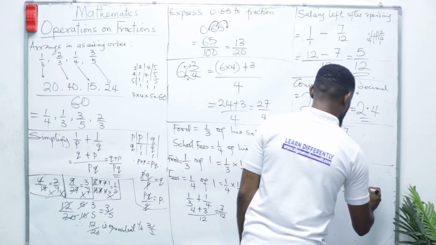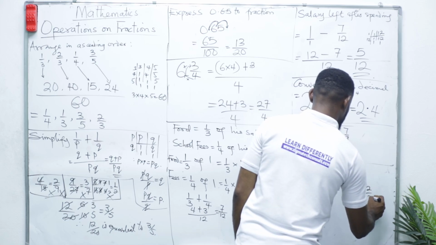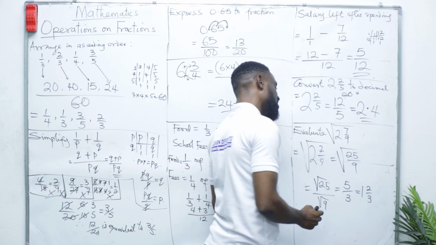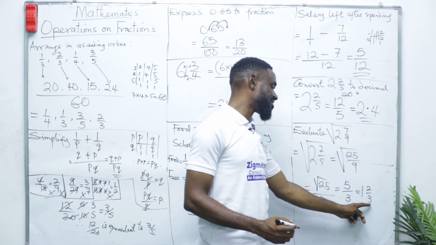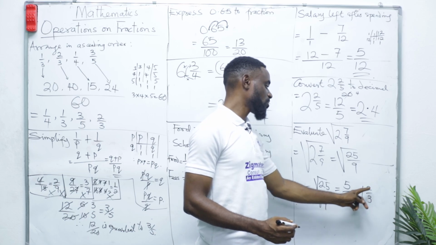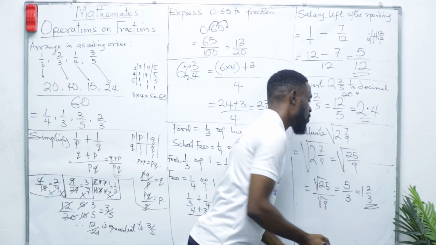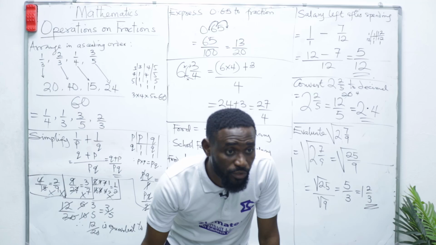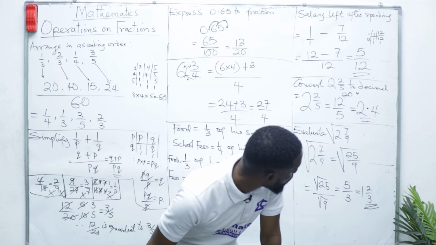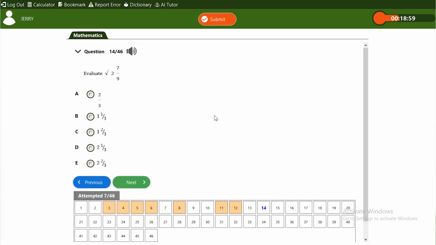So it will give us 1 remainder 2 over 3. The answer there is 1 whole number 2 over 3. Option C is the correct option there.